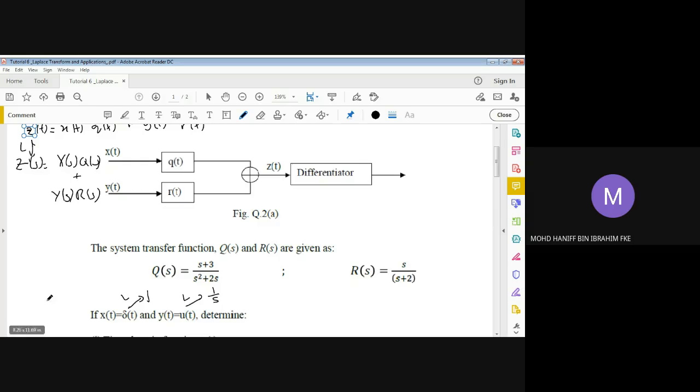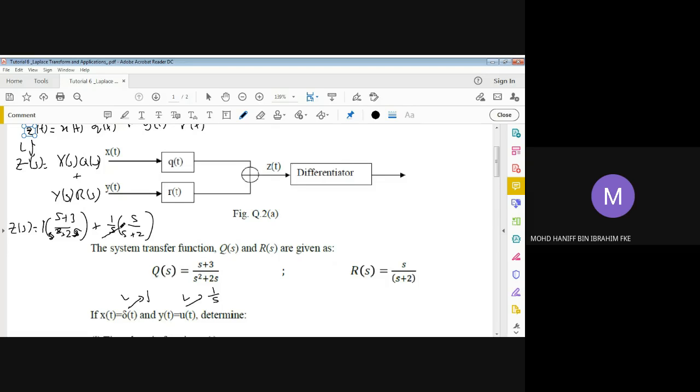So Z(s) will be equal to X(s) multiplied by Q(s), which is 1 times (s + 3) over (s squared + 2s), plus Y(s), which is 1 over s, multiplied with R(s), which is s divided by (s + 2). That should be the Z(s) you have obtained.